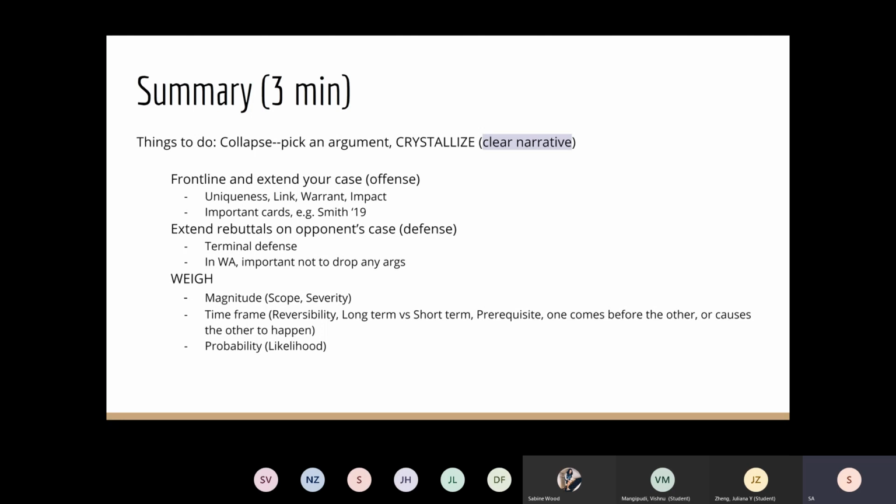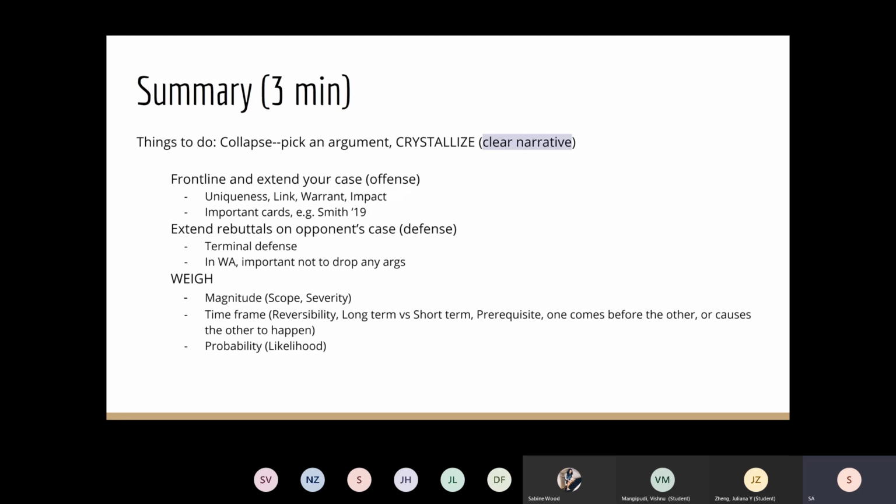What this entails is it's actually very structured. So first you want to frontline and extend your case. Frontlining is just responding to the arguments made on your case, and you always want to prioritize this first because it's offense. I don't know if you guys learned about offense versus defense, but offense is arguments or points why the judge should vote for you.